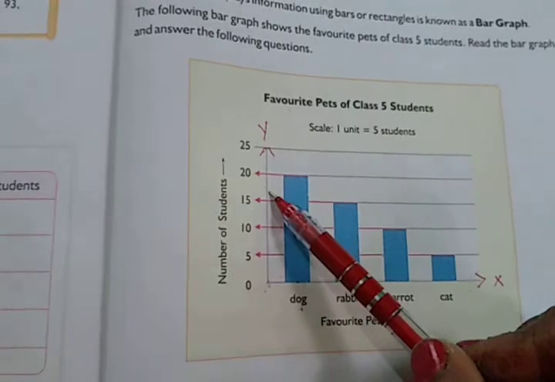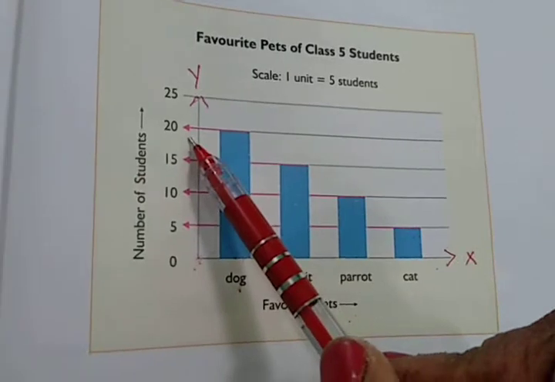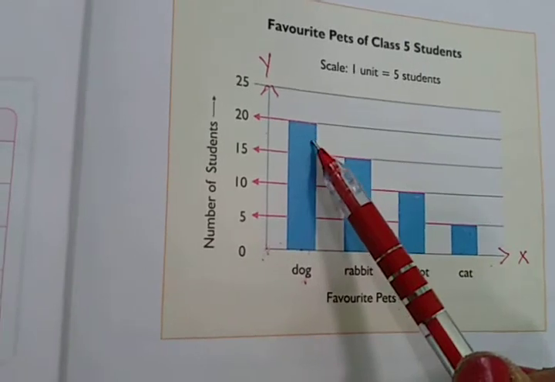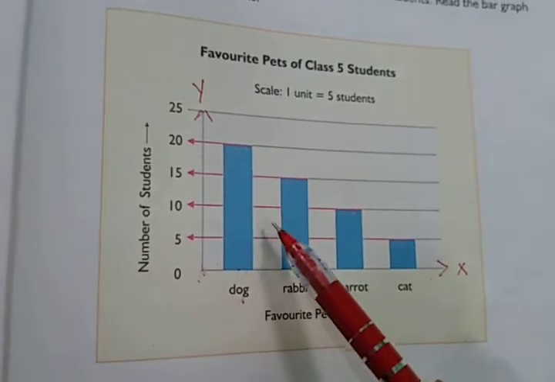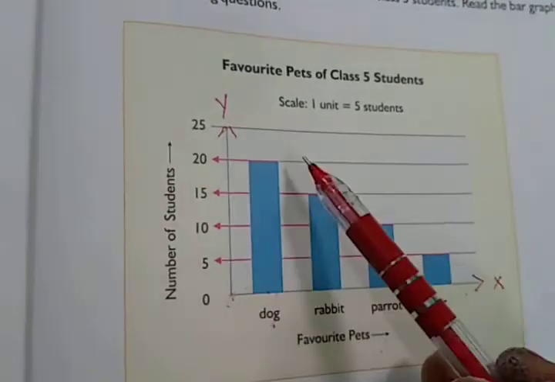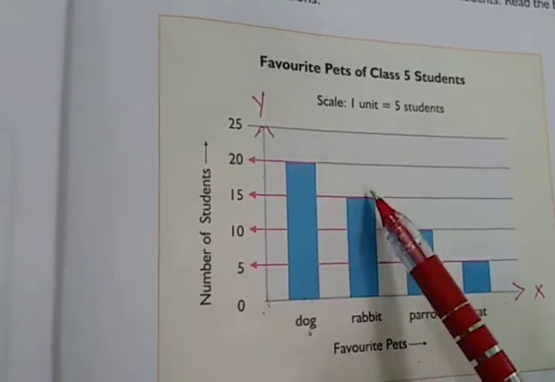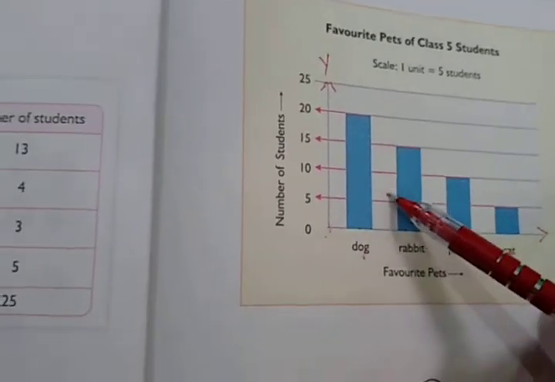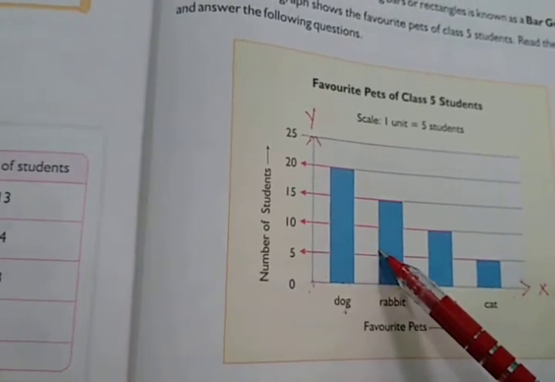So dog is the favorite pet of how many students? 20 students. You can use a ruler to find the number of students corresponding to an animal. Here an arrow is used; you can put a scale along this red line and check the number of students corresponding to an animal.